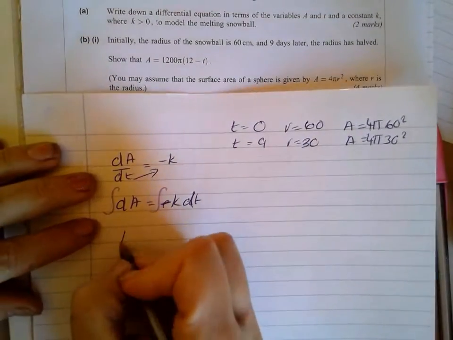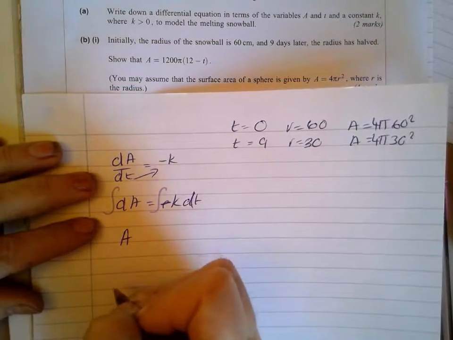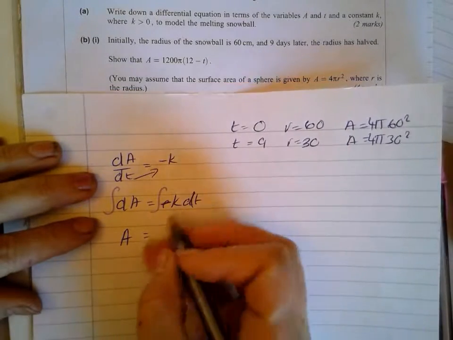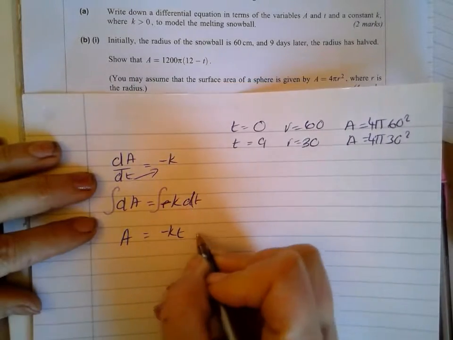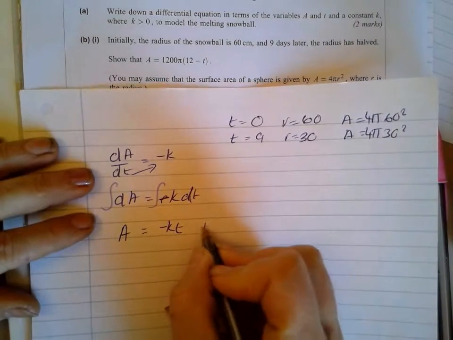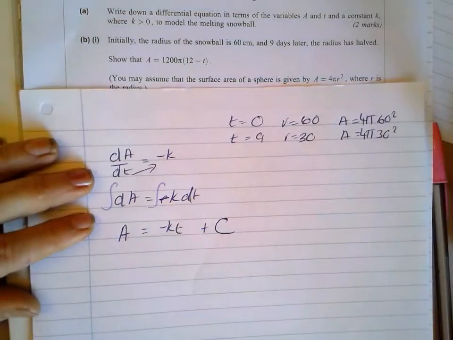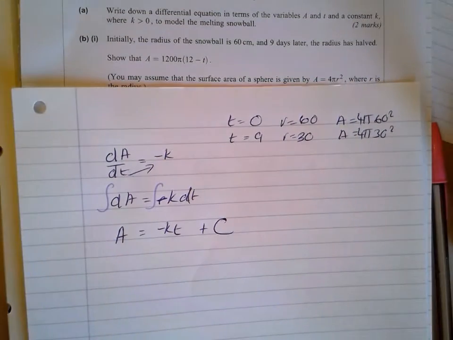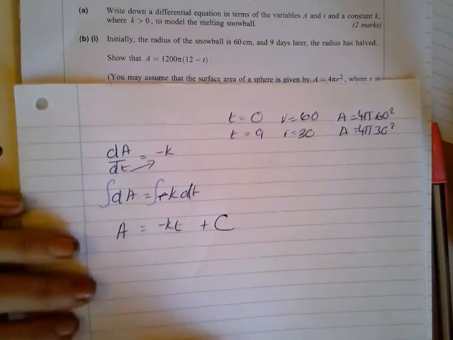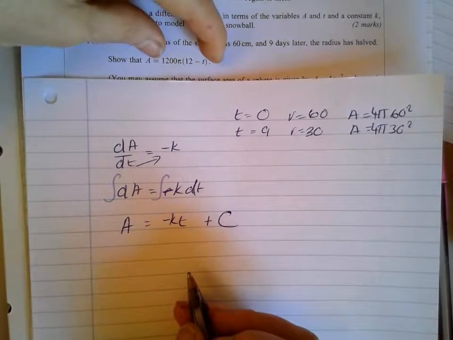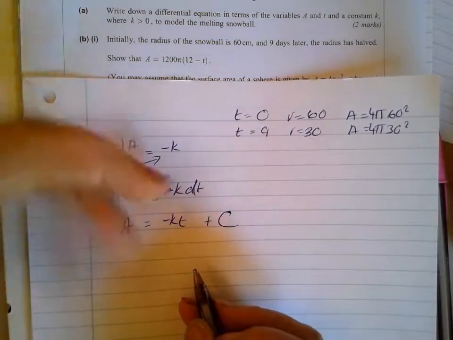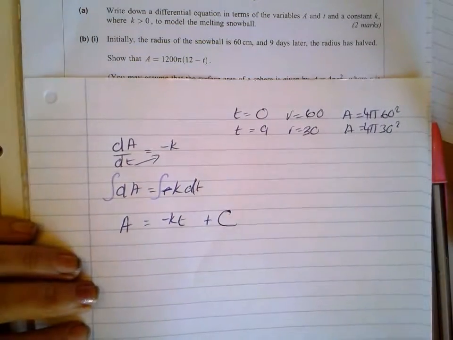So a dA integrates to that, and that is minus kt, but you have plus c, because you don't know what constant was in there when it was differentiated. Now we are trying to get this equation from what we know. So that is the target.